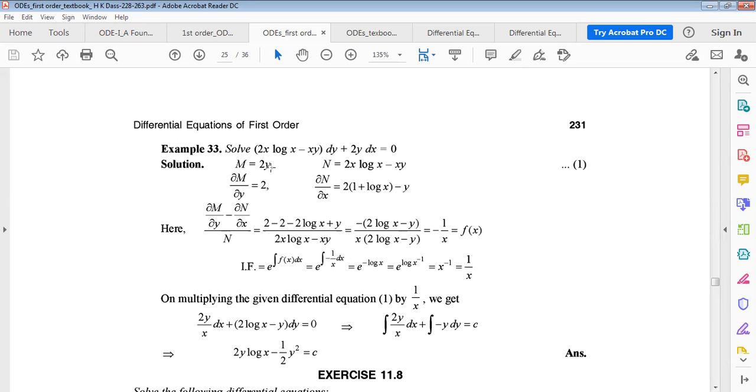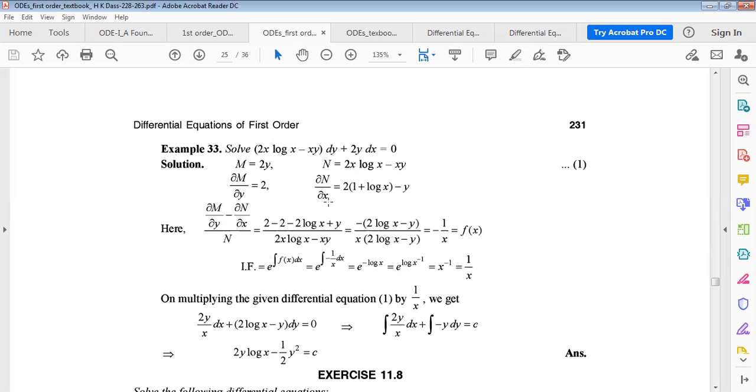And ∂N/∂x will be 2(1 + x) minus y, x log x, using the uv process: u times the derivative of v plus v times the derivative of u, remember it. Here y is constant, only the x differentiation gives 1. Because ∂M/∂y and ∂N/∂x are not equal, it is not exact.